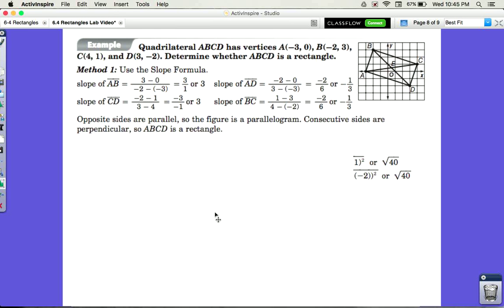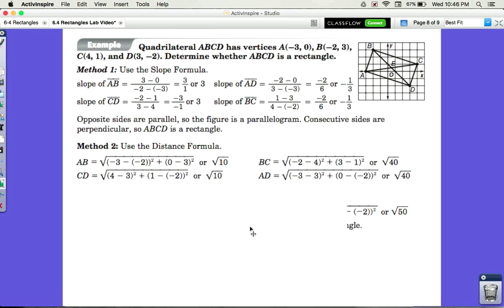The second method uses distance formula. Since, again, I don't know that this is a parallelogram, I have to find the distance between A and B, the distance between C and D, and make sure they're the same. Find the distance between B and C, and the distance between A and D. Make sure they're the same. That's what we've done here.